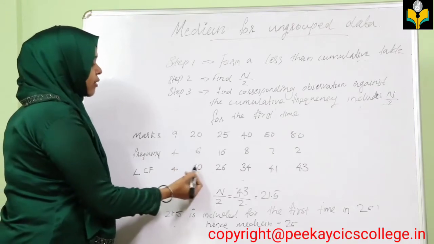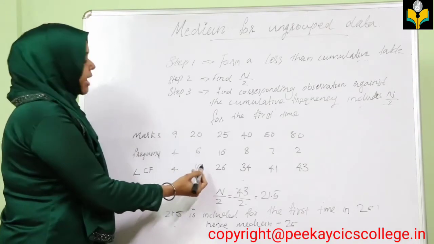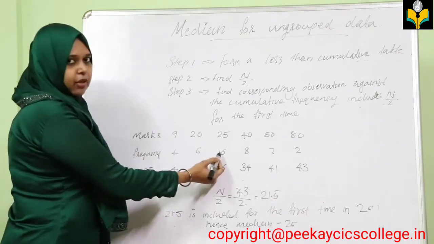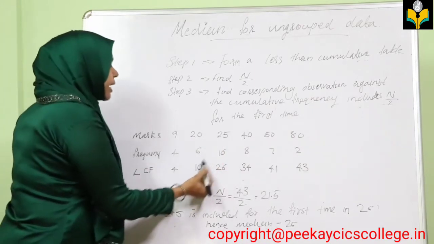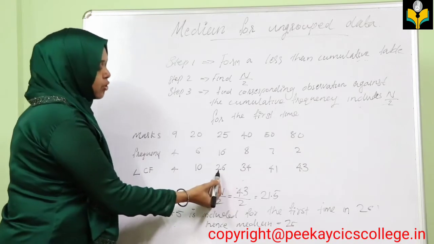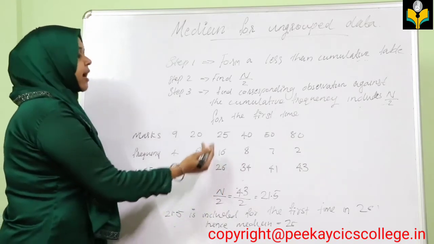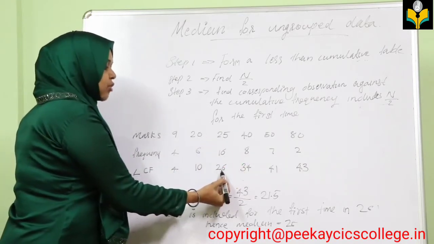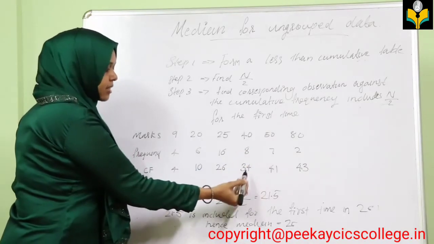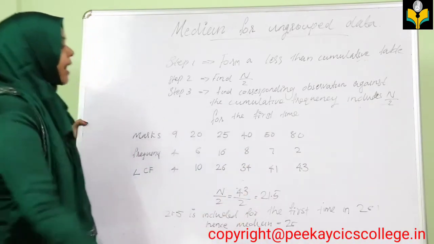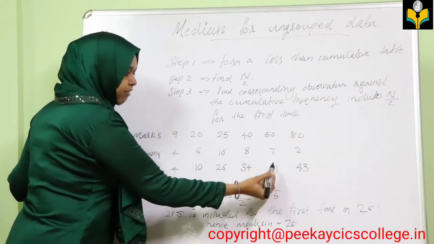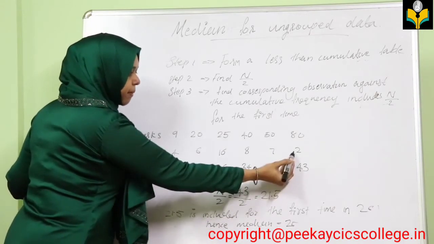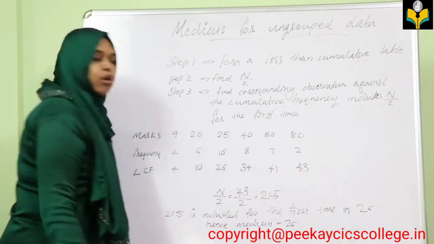So 4 plus 6 is equal to 10. Now we have to add the next frequency. What is the next frequency? 16, and 10 plus 16 is equal to 26. Next, 26 plus 8 is equal to 34, then 34 plus 7 is equal to 41, then 41 plus 2 is equal to 43.